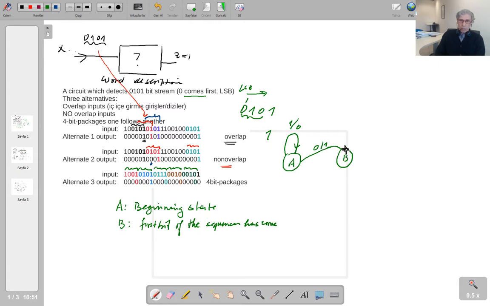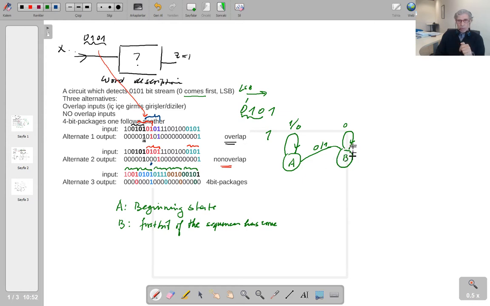If 0 comes here, this new 0 is going to be the first bit of my sequence. From here, that is the first 0, that's the second 0. When the first 0 comes, I say this could be the first element of my sequence. But after the second 0 comes, forget that. That could be my sequence's first bit. So it comes back to itself.